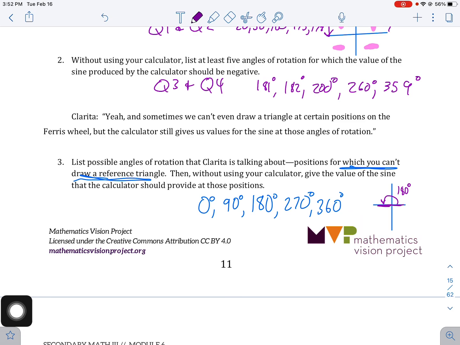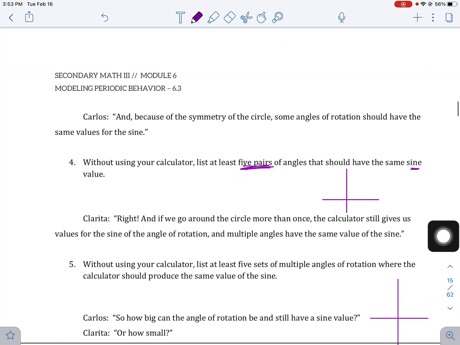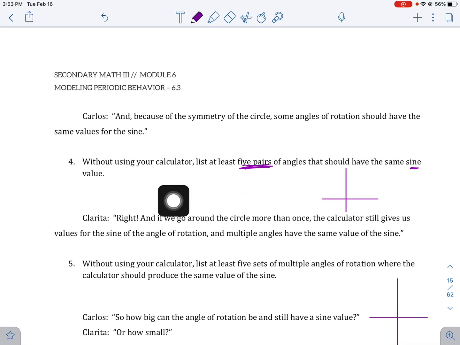If it's extending to 180 degrees, we can't drop a vertical or horizontal line here because it is horizontal. What's interesting is the sine of 180 works even though that's not a right triangle, and it'll give you a 0 for that. Some others might be 0, 90, 180, 270, 360. So something's going on here.